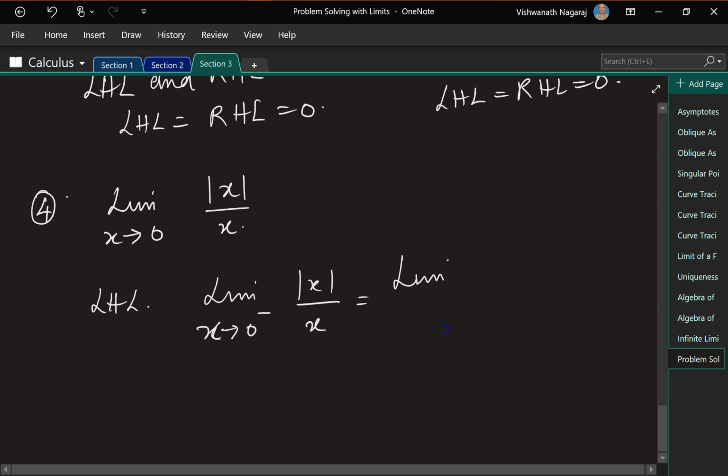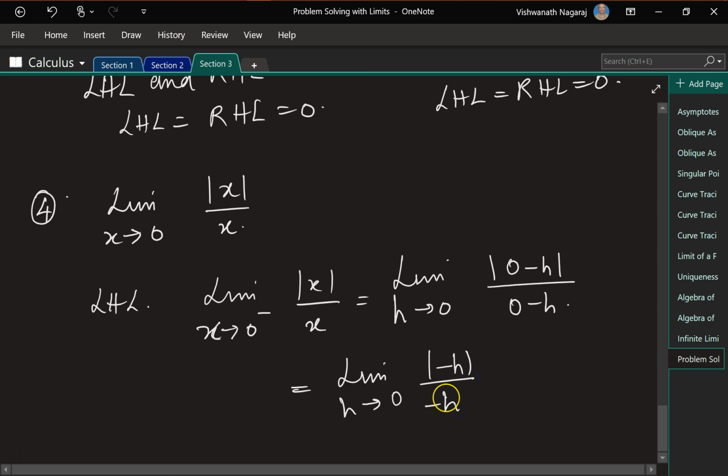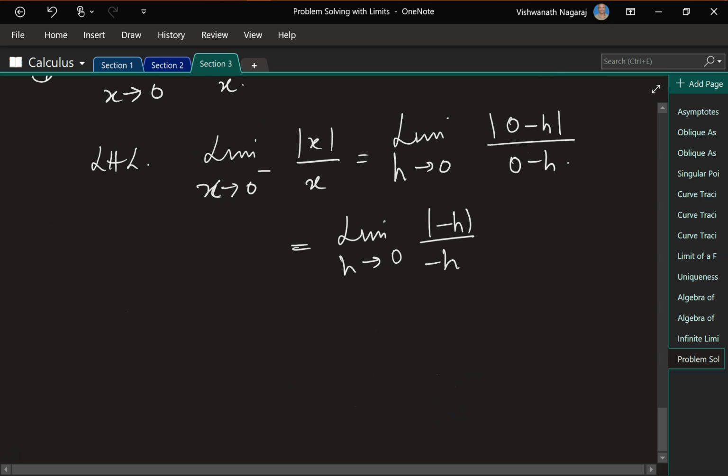This is equal to limit as h tends to 0 of, we are approaching 0, so 0 minus h, magnitude of that, divided by 0 minus h, which is limit as h approaches 0 of magnitude of minus h by minus h.